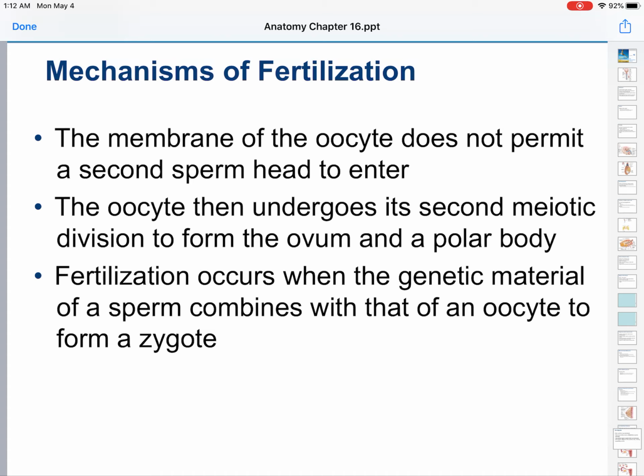The oocyte, then, remember, we've only gone through one meiotic division. The oocyte then undergoes its second meiotic division to form the ovum, what will actually be fertilized, and a polar body, which is a tiny little husk of pretty much nothing. When we think about most mitosis, you have cytokinesis, in which the cytoplasm is divided about 50-50.